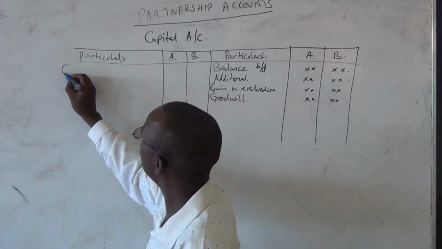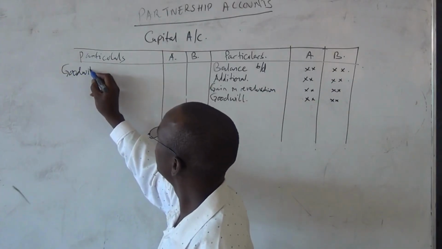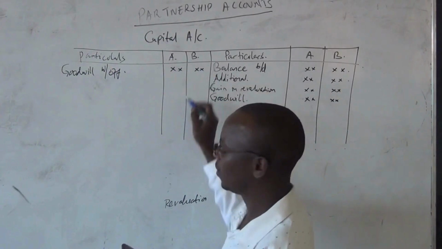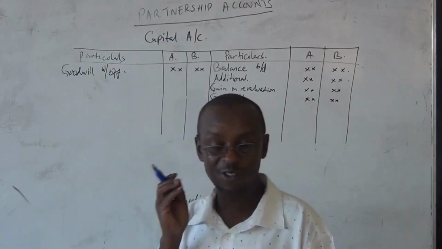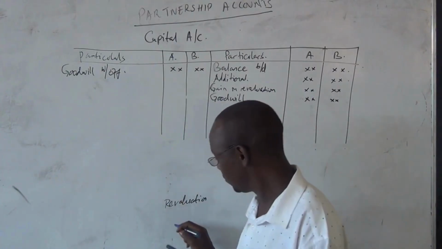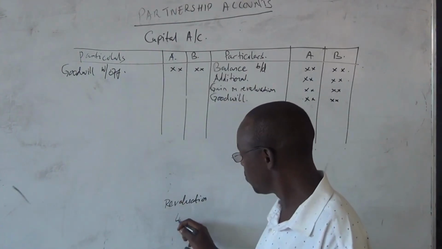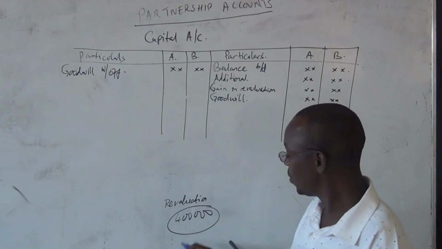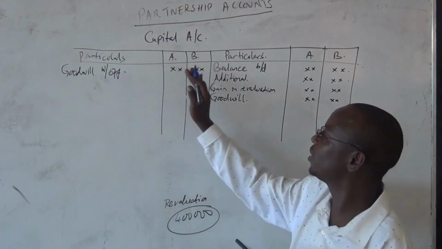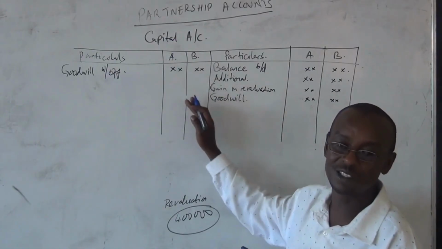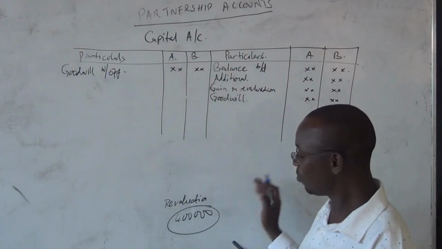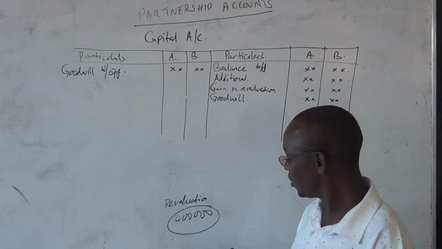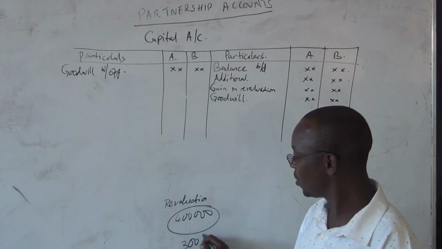If we have goodwill written off, we write it off on this side. So we value the goodwill. We see we have a goodwill of 400,000. We divide it among the partners according to their profit sharing ratios, and every partner gets his share of goodwill. Sometimes we reach a year and we see competition is so tough that our goodwill is now 300,000.